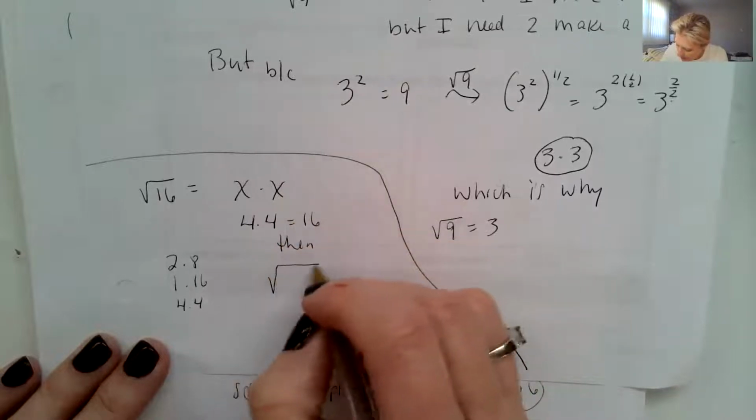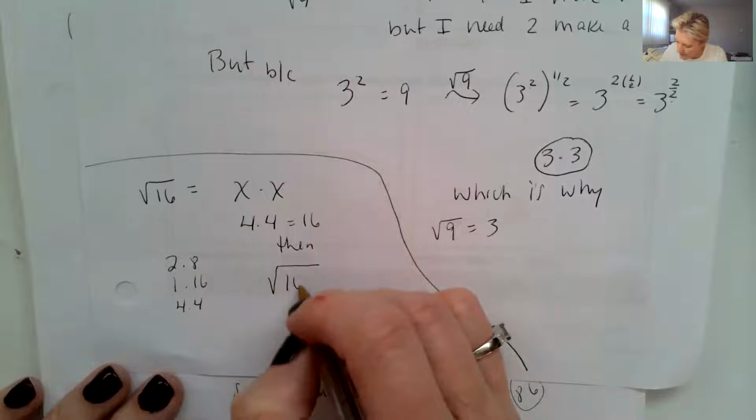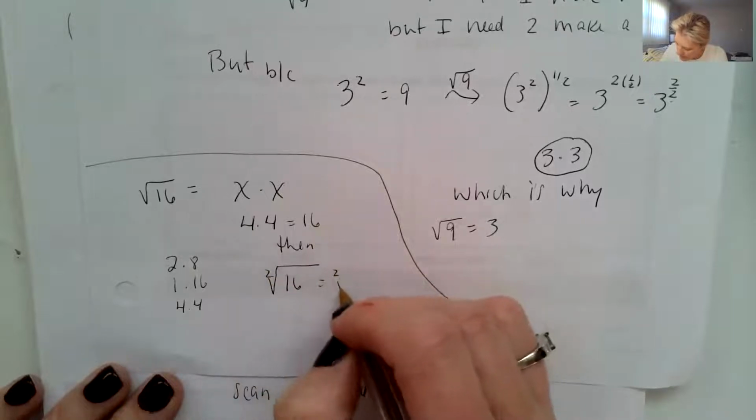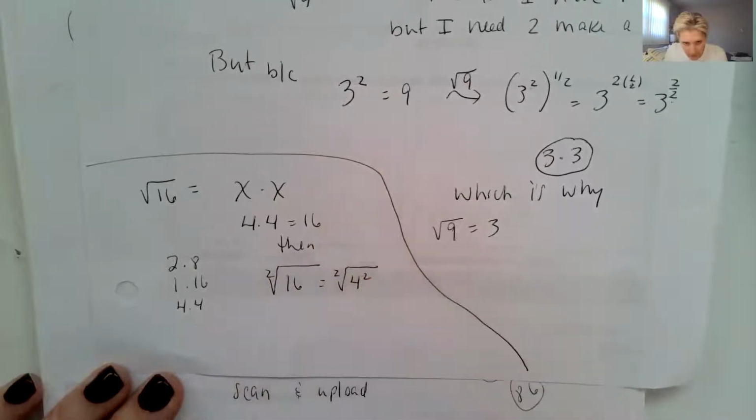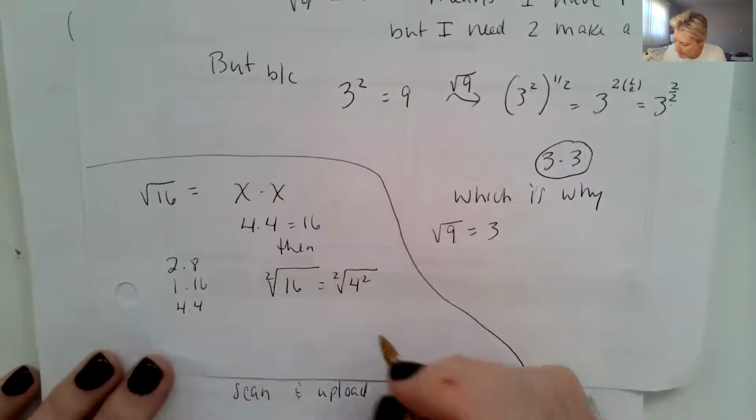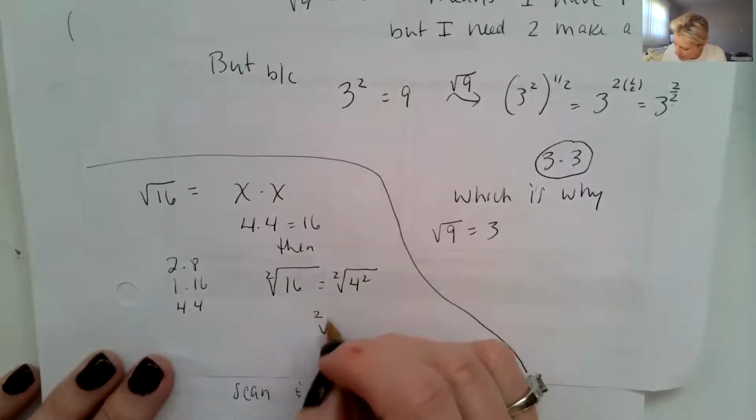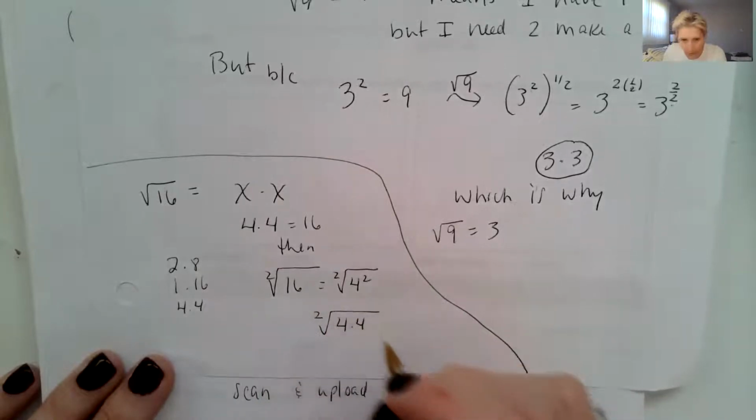then we know that the square root of 16 is the same as the square root of 4 squared, right? Or the square root of 4 times 4.